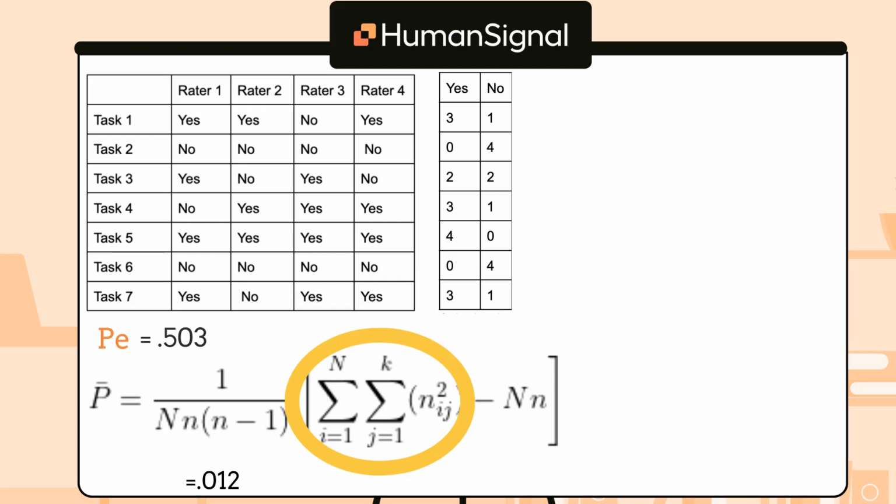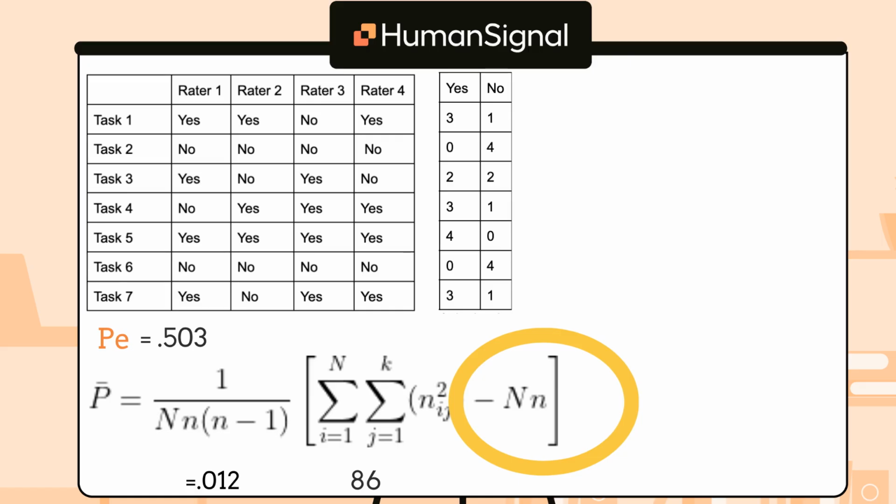In this case, that's 9 plus 1 plus 0 plus 16, all the way over to 9 plus 1 in the last row of the table. The sum of the squares of the table is 86. For the last term, we just get the total number of observations, 7 times 4 equals 28. Now we can plug into the formula as follows. 0.012 times 86 minus 28 equals 0.696.